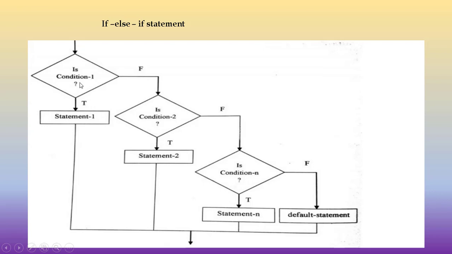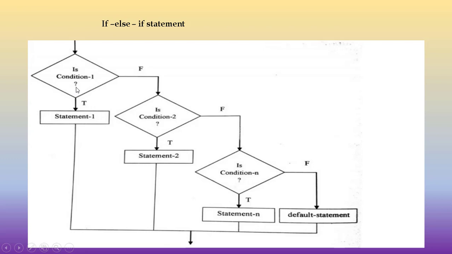If condition 1 is true, statement 1. If it is false, it will go to the next condition. It will execute statement 2 if the condition is true. Again, if it is false, it will go to the next condition. If condition n is true, statement n. If it is false, it goes to the default statement. If you see the diagram itself, you can follow how the if else if statement works.